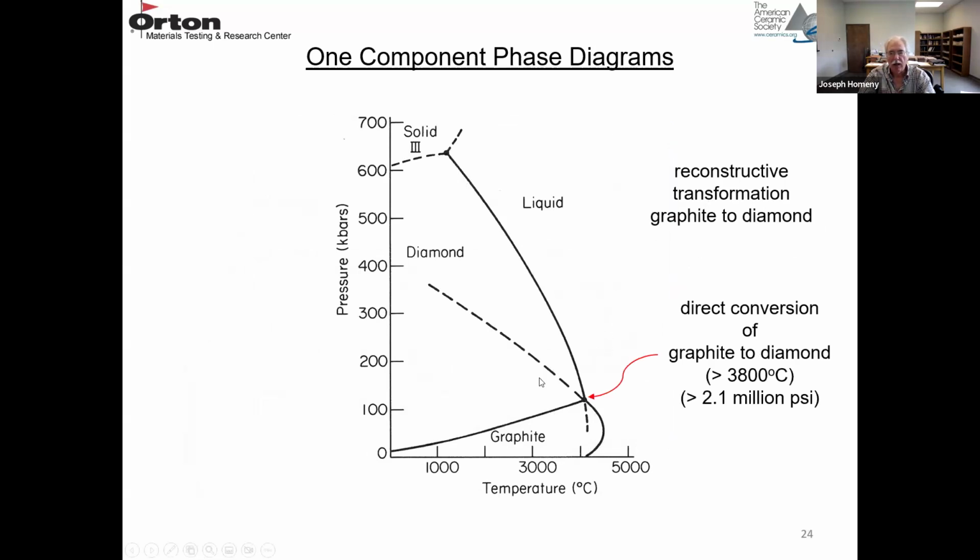So graphite to diamond is a reconstructive phase transformation. At this invariant point here, you'll have direct conversion of graphite to diamond, but that point is greater than 3,800 degrees C and greater than 2.1 million PSI. So high temperature and a very high pressure for this direct conversion.